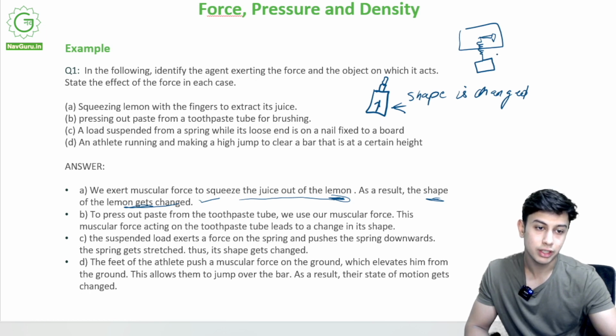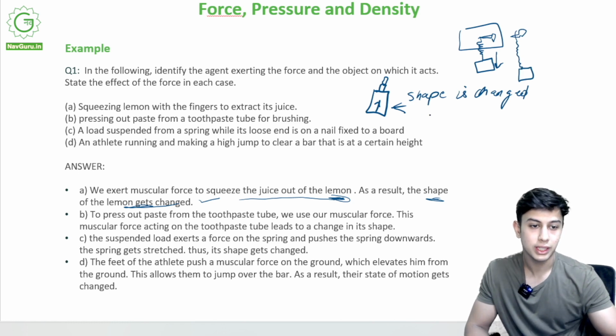Now this is a heavy weight, so what will happen? It will stretch. The load is exerting some force. After putting some force, the shape of the spring is changed.